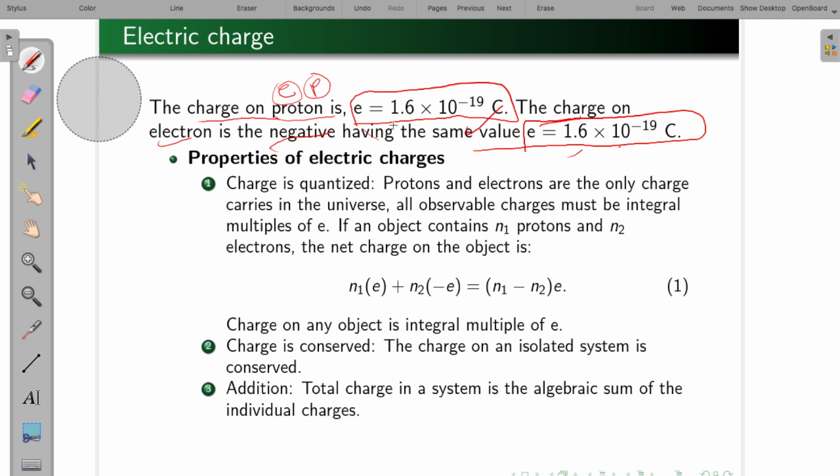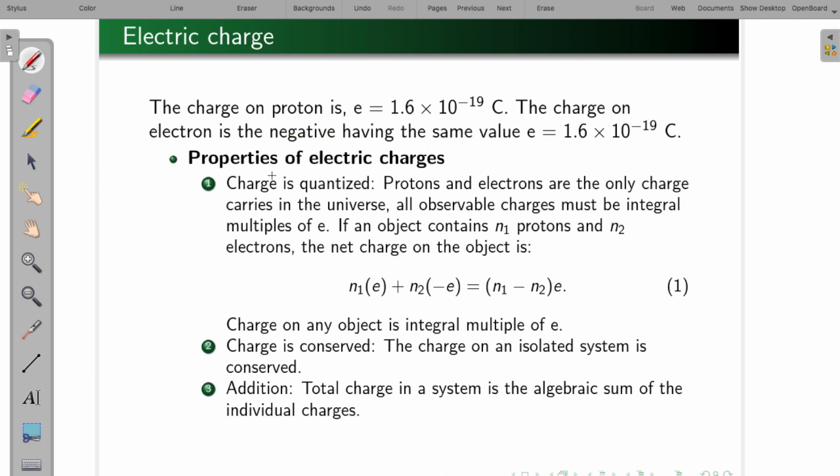যেটো নেকি ইলেক্ট্ৰনৰ চাৰ্জৰ সমান 1.6 into 10 to the minus 19, but proton's charge is positive. On the other hand, electron's charge is negative. Now let us discuss some properties of the electric charges. The first property is charge is quantized, very important.